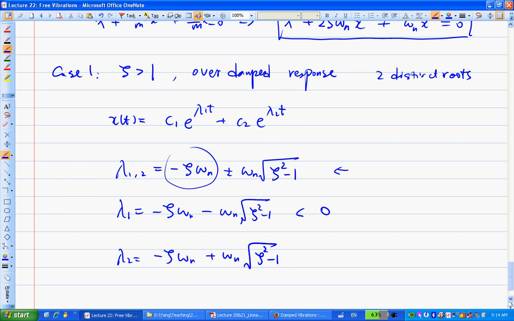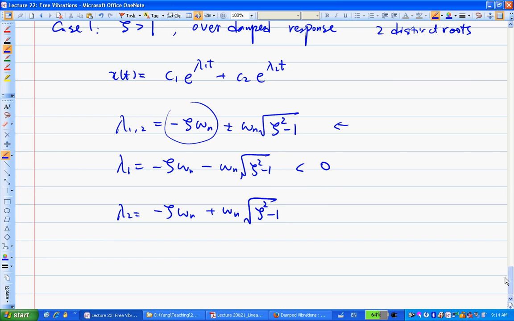How about lambda 2 here? If I look at lambda 2, is it going to be greater than 0 or less than 0? If this is a negative number, this is a positive, right? Whether it's greater than 0 or less than 0 depends on the absolute value of these two. If you look at the second one here, what's the value of zeta? Zeta is greater than 1.